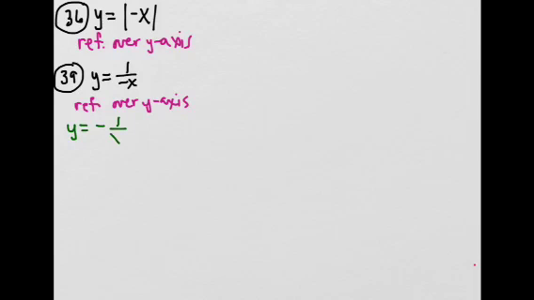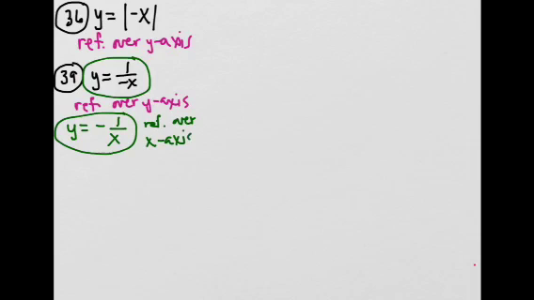This one and this one are the same exact graph, the same exact function, but when you see it this way, someone would say, oh, it's a reflection over the x. And they're both correct.